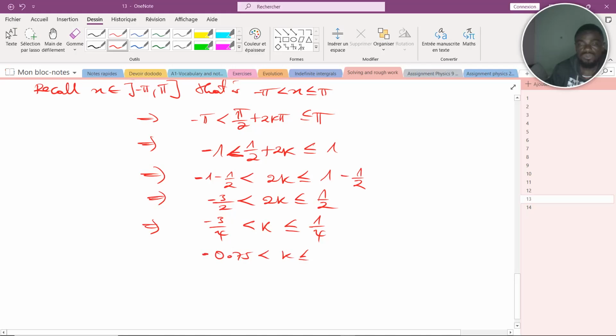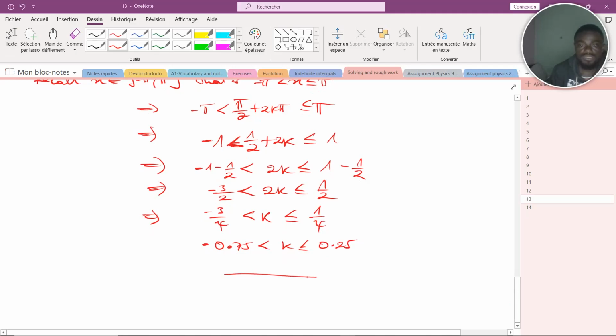K less than or equal to, this is 0.25. Let me check it. 1 divided by 4. Yes, 0.25. Now we see that in this first case, our k will have minus 0.75, this is open. The circle here must be an open circle. Open.